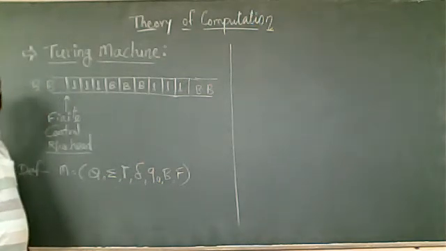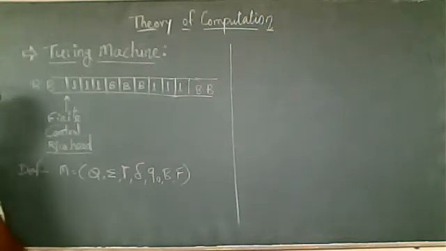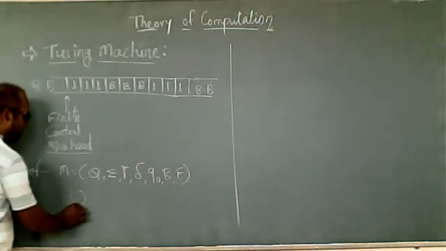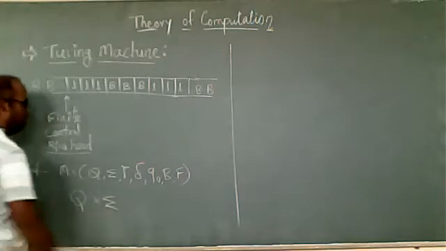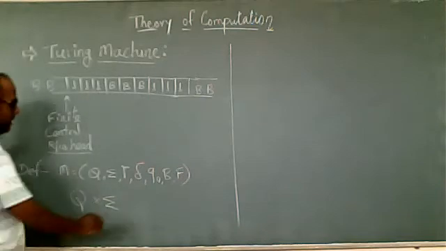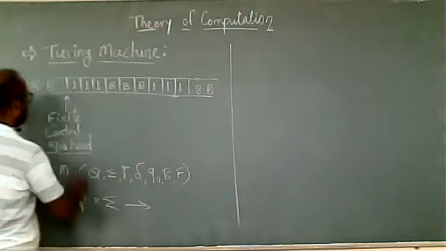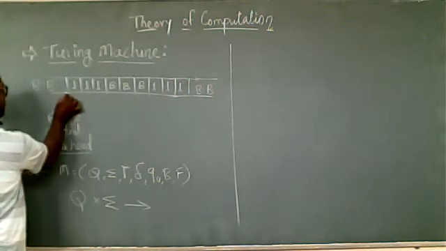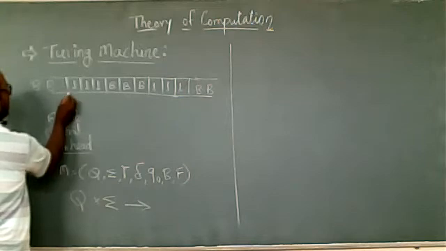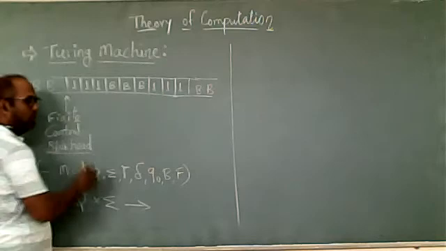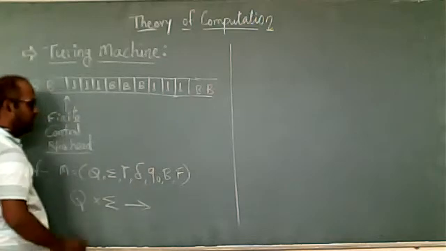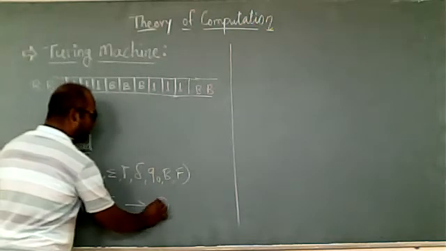Now, what is the transition function used for? A transition function is defined on a state with an input symbol. This is where your read-write head is, and the input symbol. So from this state with this input, what is it going to do?